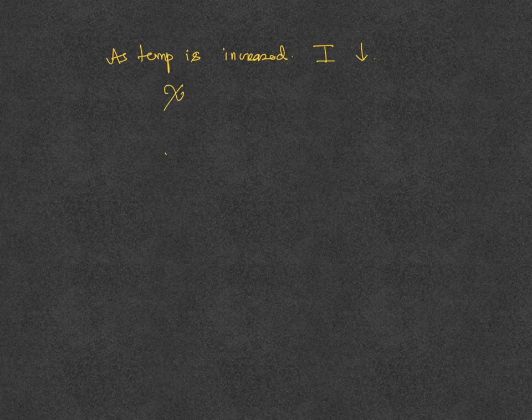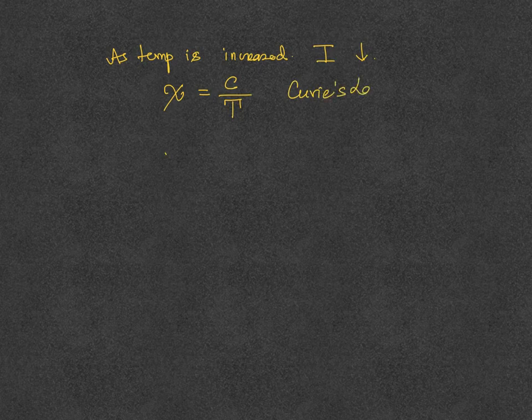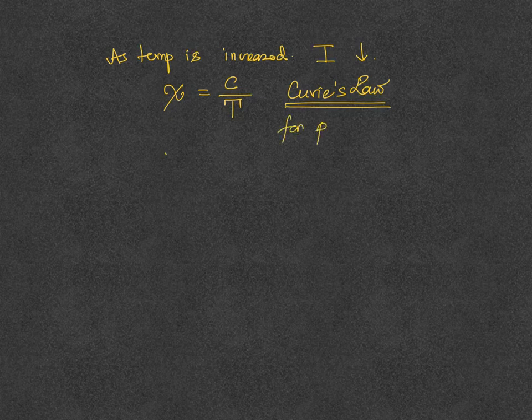So the susceptibility is given like this: some constant divided by T, temperature. And this is Curie's law. This law is true for a paramagnetic substance.